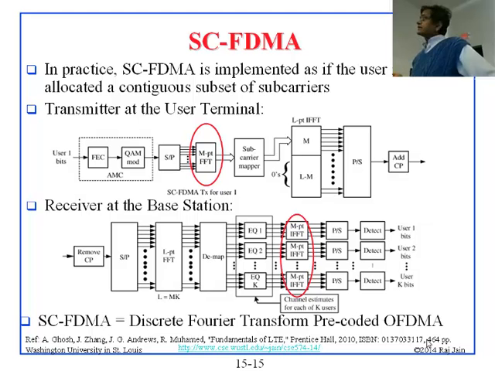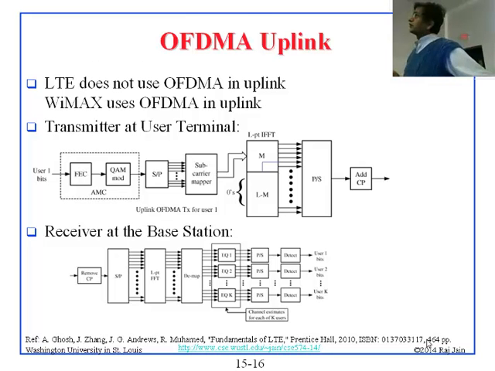If it was not SC-FDMA, if it was OFDMA, and we have shown you this again, but I will show you one more time. If this was OFDMA uplink, then user 1, when it gets the signal, will have these time domain things. It will put them in parallel, then mapper, and then IFFT.